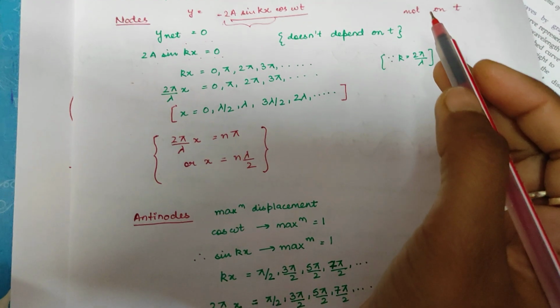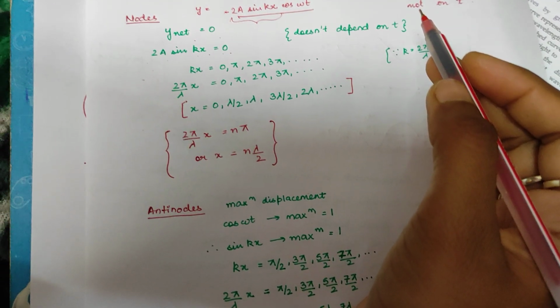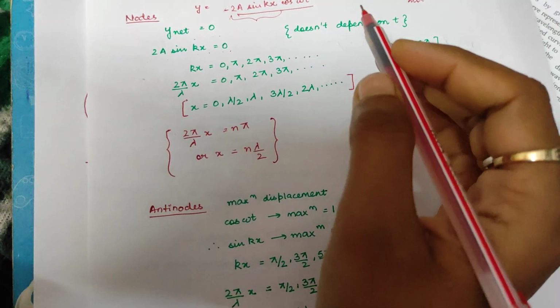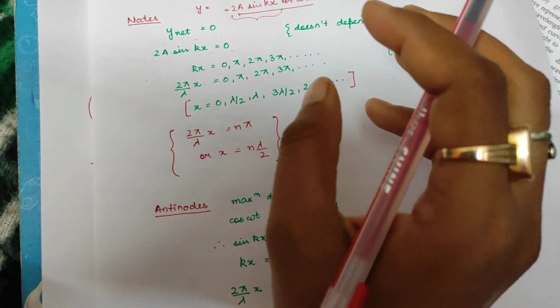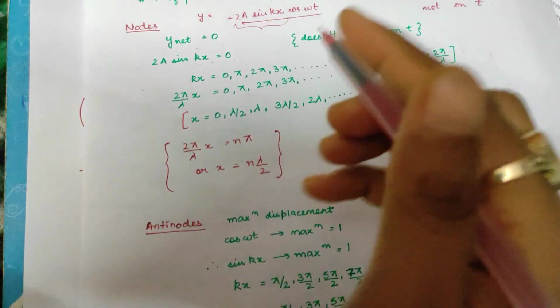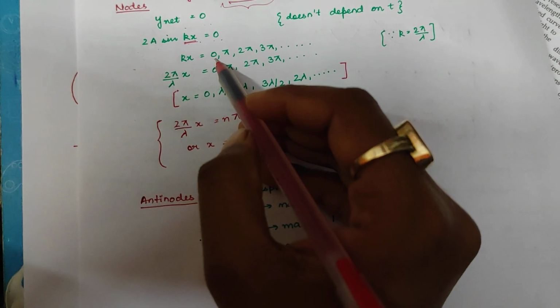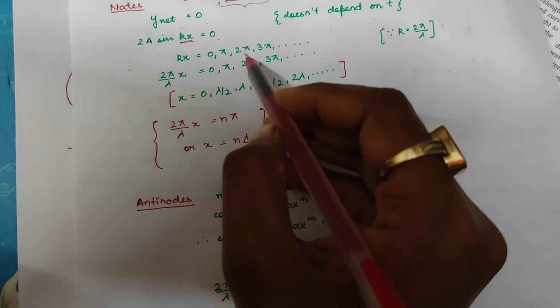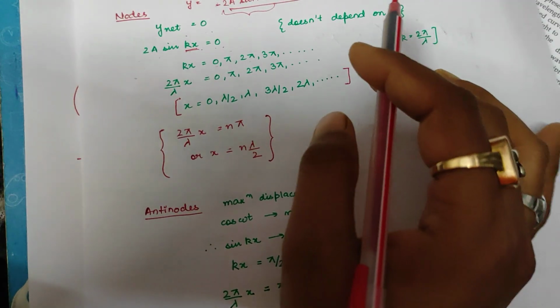Now when is sine 0? When sine is 0 degrees. So we can say that kx will be equal to 0, π, 2π or 3π, then only this whole thing will be equal to 0.